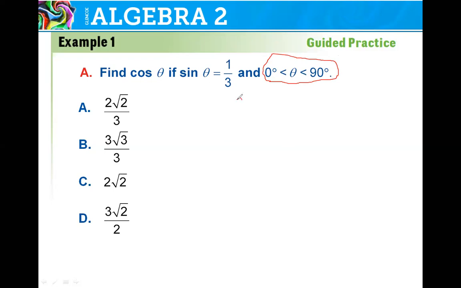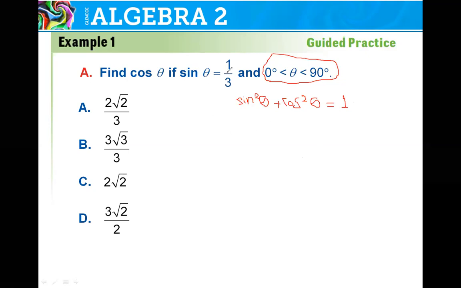We have an identity that says sine squared theta plus cosine squared theta equals 1. It's an identity like a rule. Okay, Walid? Can you substitute now?